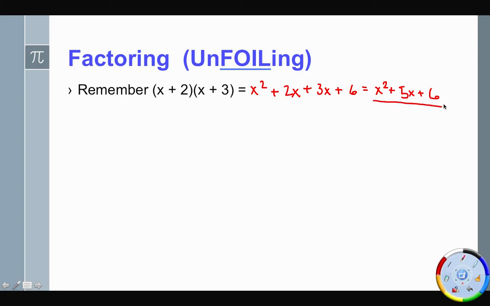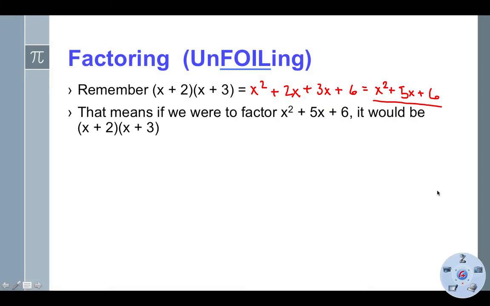And this is our quadratic expression, x squared plus 5x plus 6. So what that would mean is if I was to take x squared plus 5x plus 6, we could factor it into x plus 2 and x plus 3.